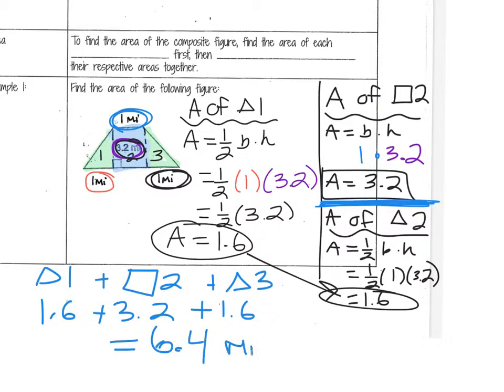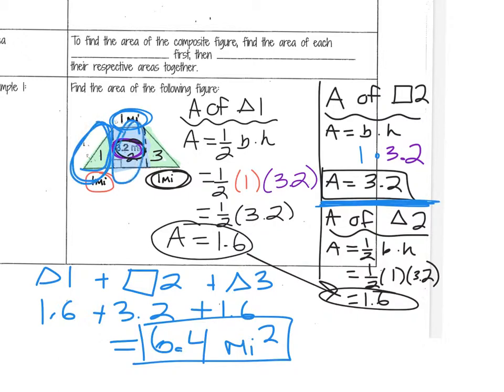My units were miles squared. So that one was kind of messy because I had a lot more shapes in it. But again, I found the area of this triangle, this rectangle in the middle, then this triangle, and I added them all together.